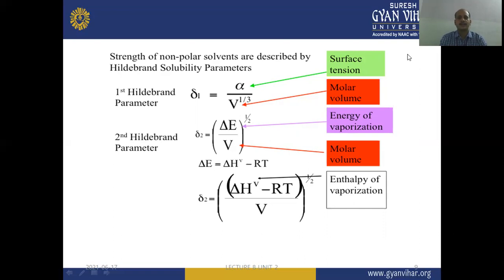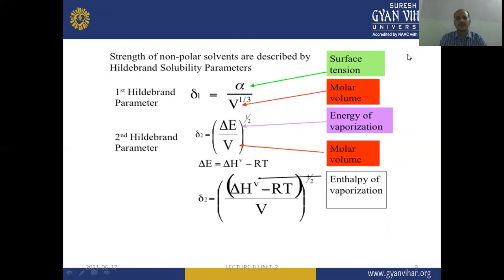The second Hildebrand parameter is based on cohesive energy density: delta 2 is equal to (delta E/V)^(1/2), where delta E is the energy of vaporization and V is the molar volume.